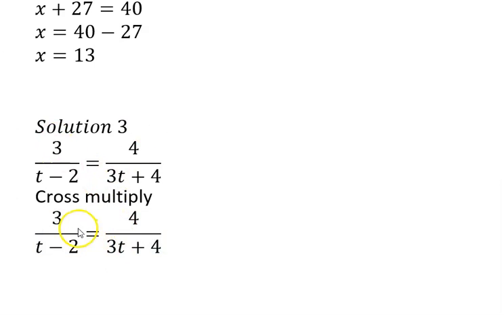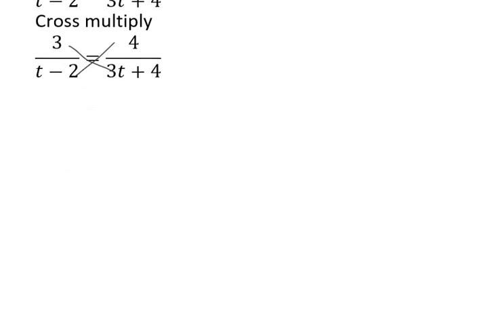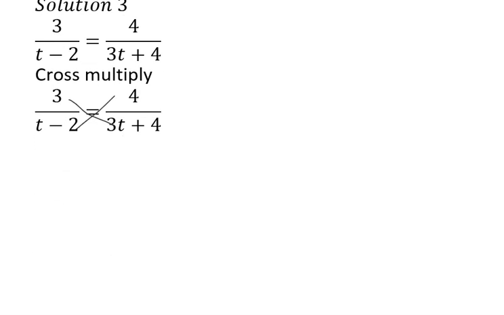I'm sure we are used to what cross multiplication means. You are multiplying this with this, you are multiplying this with this. It's as easy as that. So what are we going to do? Let's get this as a template.